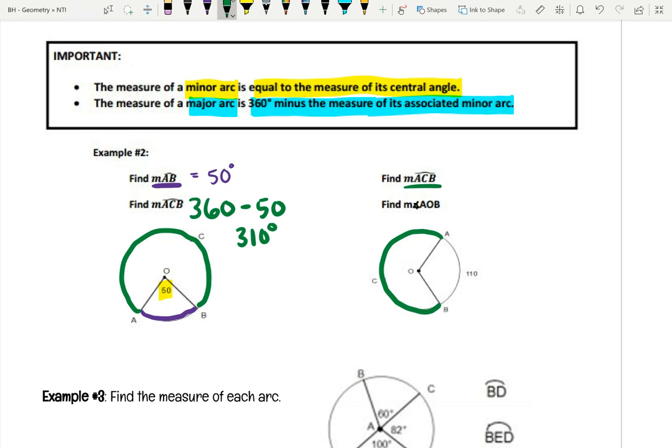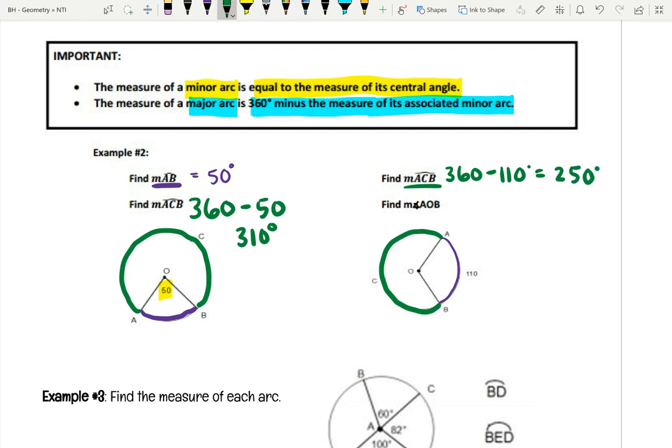You would do 360 minus that 110 degrees, because this is the minor arc that is associated. Think of it almost like a piece of the circle. If the full thing is 360, make logical sense about it. If this piece is 110, you would just use subtraction. So you get 250 degrees.